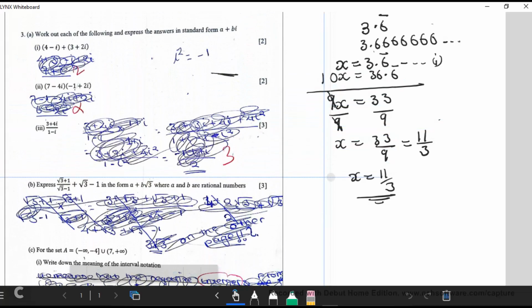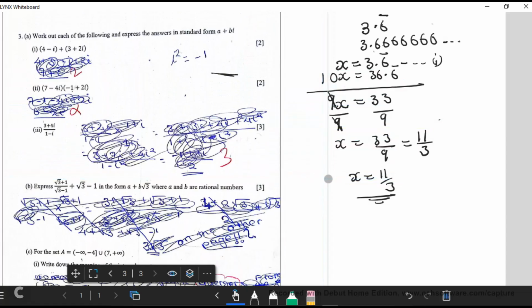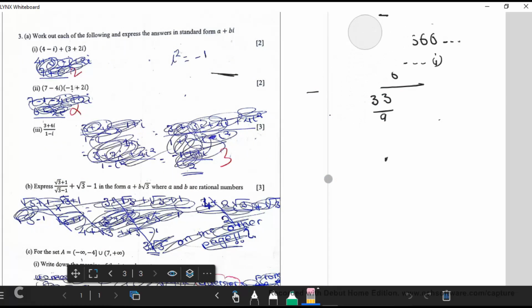So remember, now we are in question 3. They're saying work out the following and express the answers in the standard form A plus Bi.